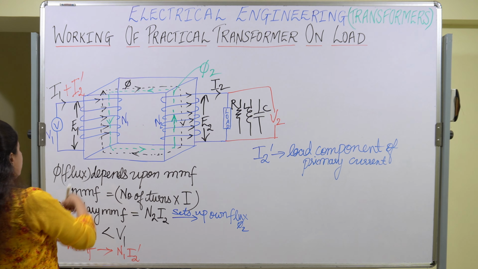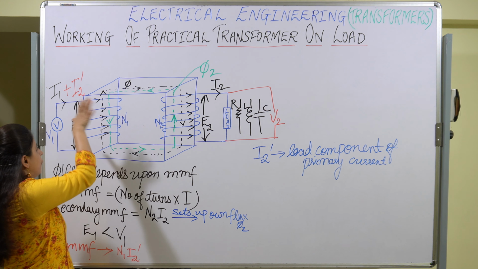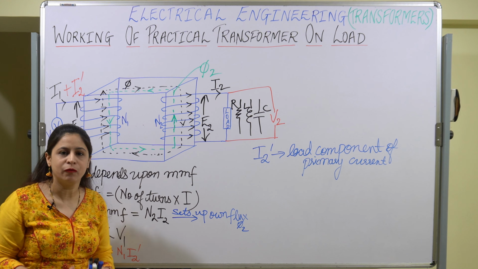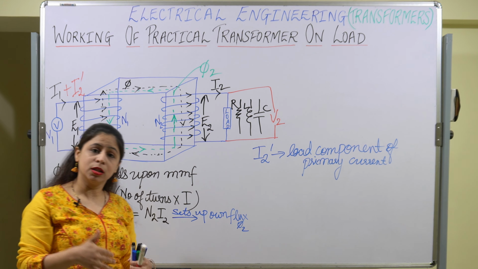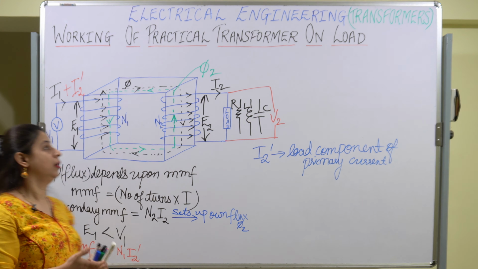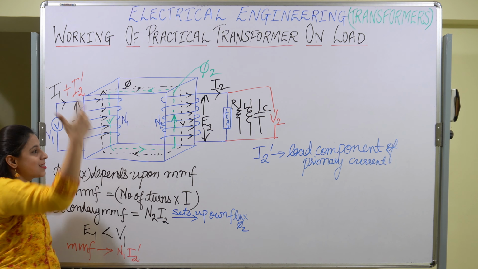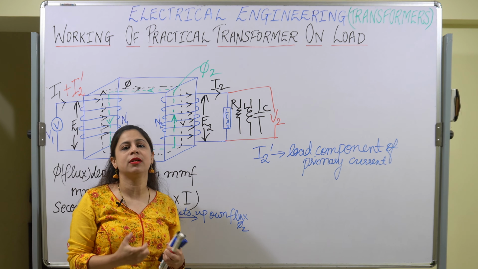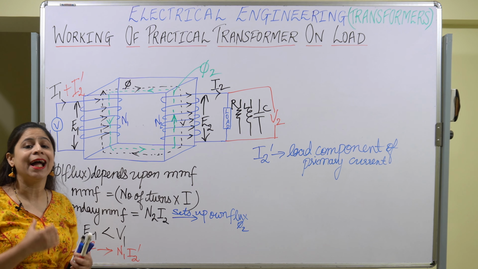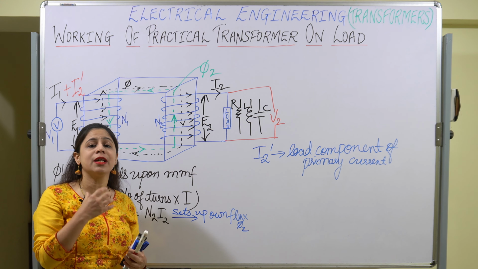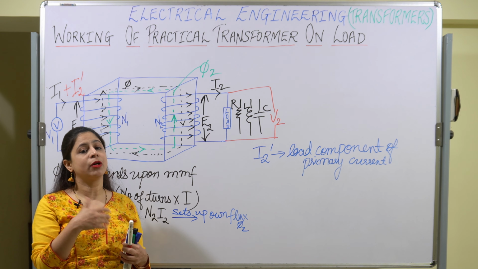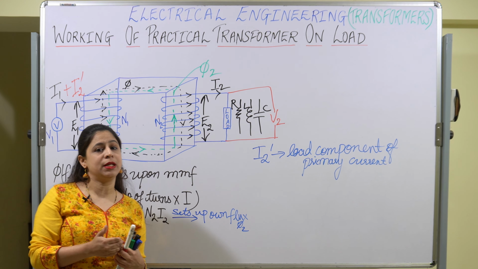Now again we see the direction of the flux, because as soon as the MMF is being set up, a flux is set up because of this load component of primary current. Because of this I2 dash, a different MMF is being set up, and because of that MMF, flux is being set up.